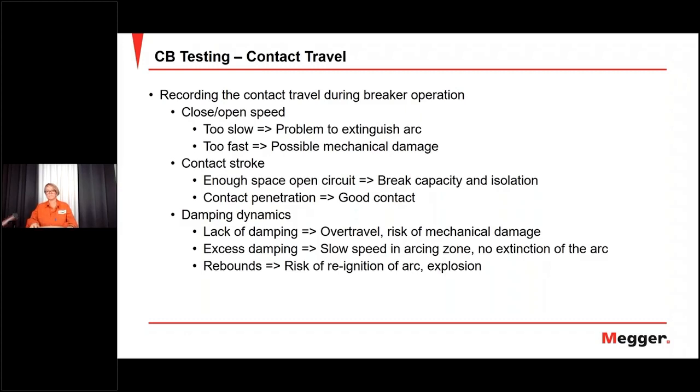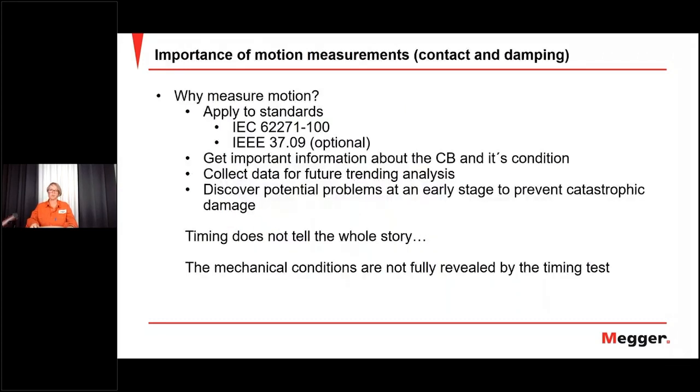So why do I measure motion? Of course, to find the faults, right? And to apply to the standards, both IEC and IEEE demand this. And you want to get this really important information about the circuit breaker and its condition. And you collect data so you can compare. So if you have a new breaker, it's good to take a measurement already then, so you have a good reference, and also to know that you have the right thing delivered.